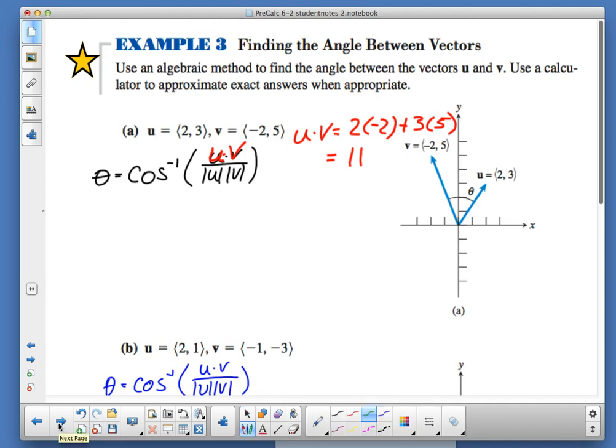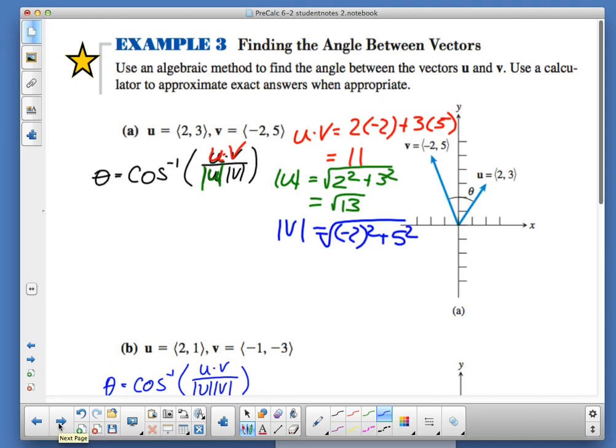Thing two, I need to find the magnitude of u, which is just taking, in this case, 2 squared plus 3 squared square root. So I got square root of 13. I got to find the magnitude of v, which is just negative 2 squared plus 5 squared square root. Okay, so that's the square root of 29.